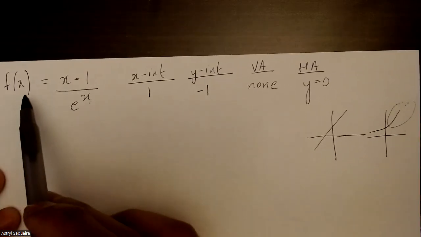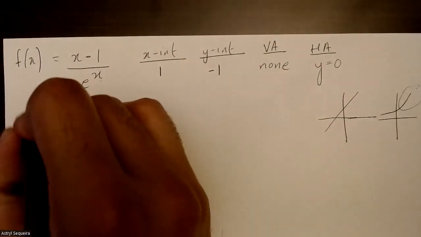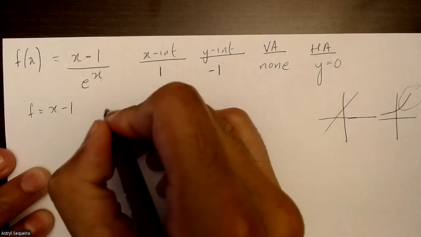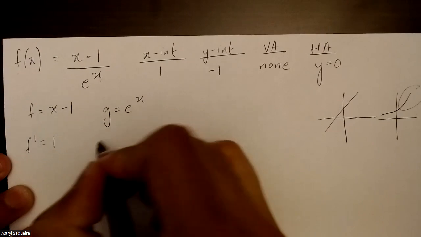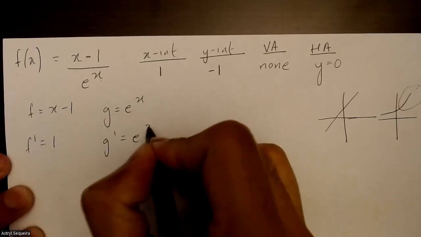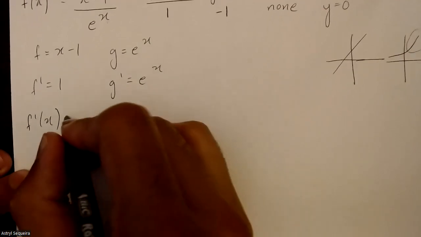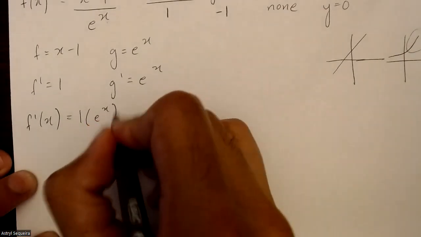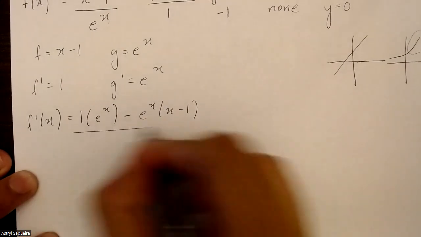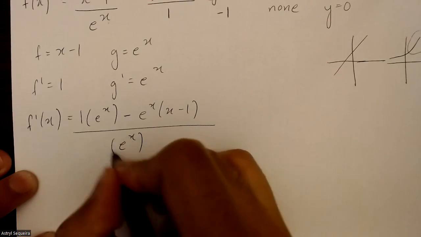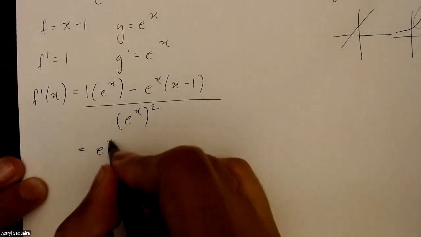Now let's derive this function to find our critical points. We're using quotient rule here, so let's do our quotient rule. And I can simplify this.